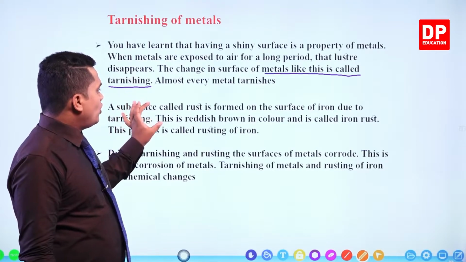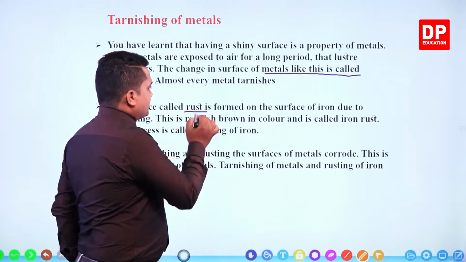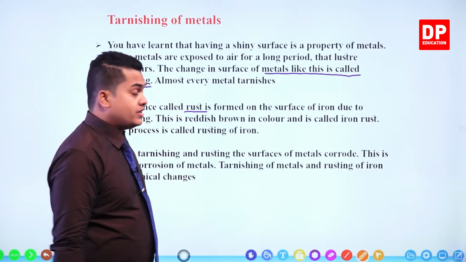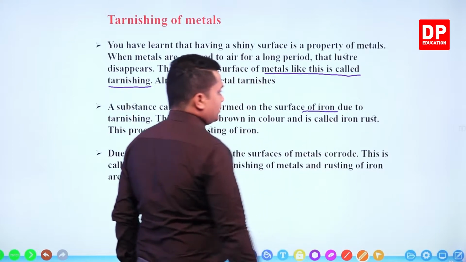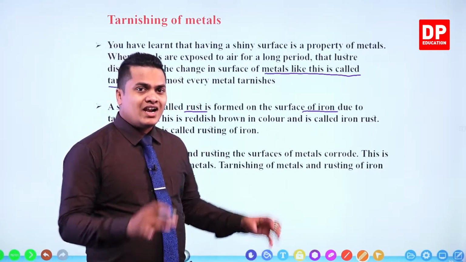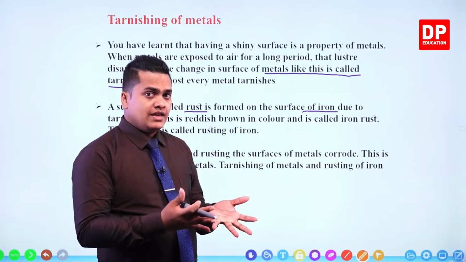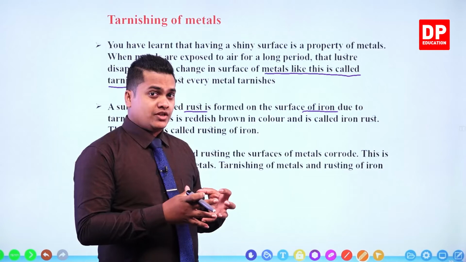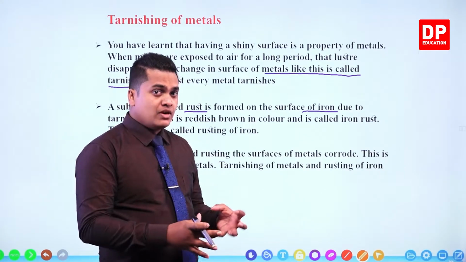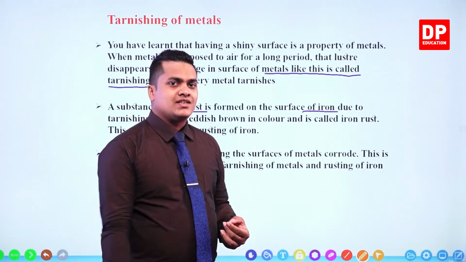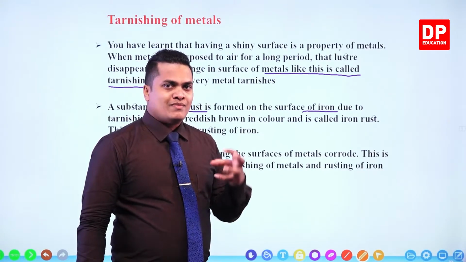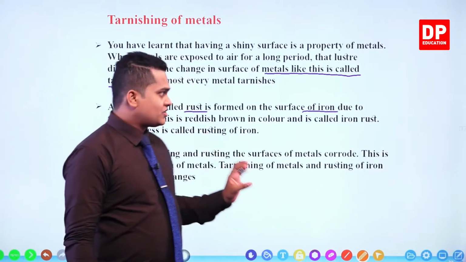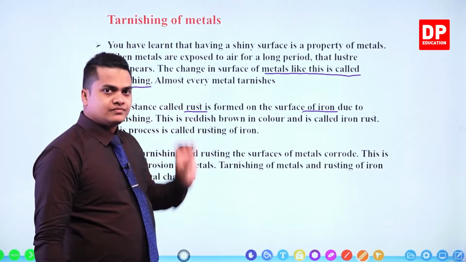A substance called rust is formed on the surface of iron. Tarnishing is for metals, but the special kind of tarnishing that happens with iron is called rusting. So the material which is created during the tarnishing process of iron is called iron rust.